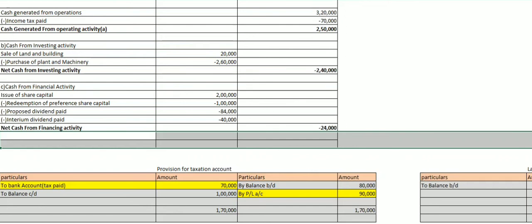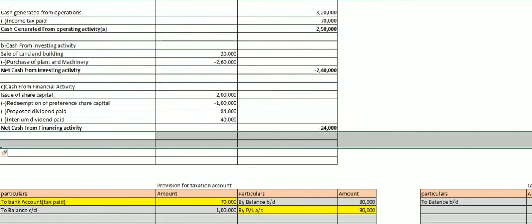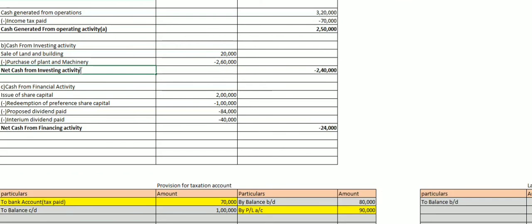Now what you will basically do is add all your A, B, C, which is cash flow from operating activities, cash flow from investing activity, and cash flow from financing activity.